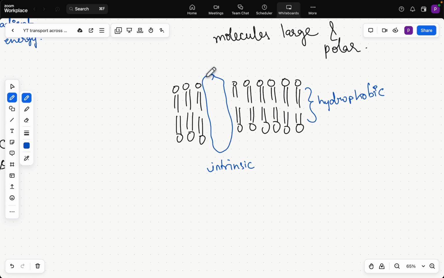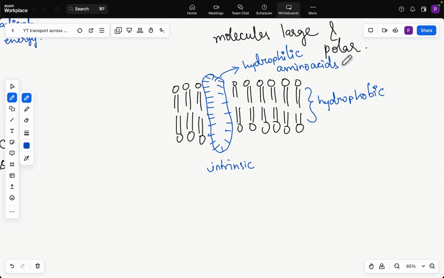And you should know that whatever amino acids of this protein face this part will be made up of hydrophilic amino acids. You know that amino acids can also be of different types, right? They can be hydrophobic amino acids also, right?